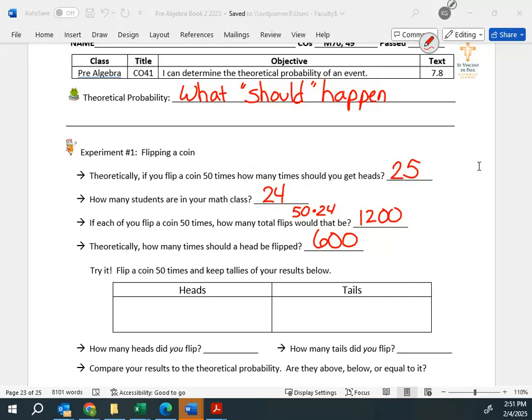So you're not flipping the coin that many times. You're going to be flipping a coin 50 times. And we're going to see what you get. Then tomorrow, we're going to look at the whole class. And we're going to talk about theoretically and experimentally, do they match up? So that's with our coin flips.